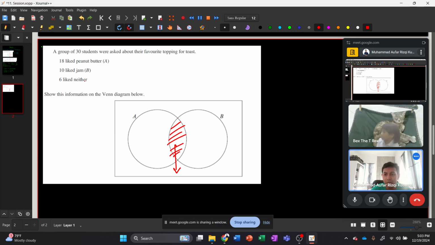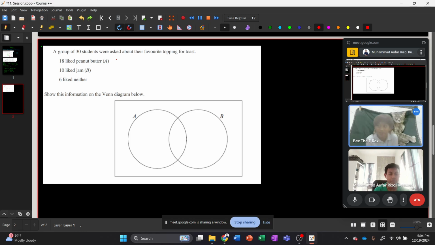So the 18 who like peanut butter consist of people who just like peanut butter and also people who like peanut butter and jam. So 18 is not the net number. It is still mixed up. Some people who like jam may also like peanut butter, and people who like peanut butter might also like jam.